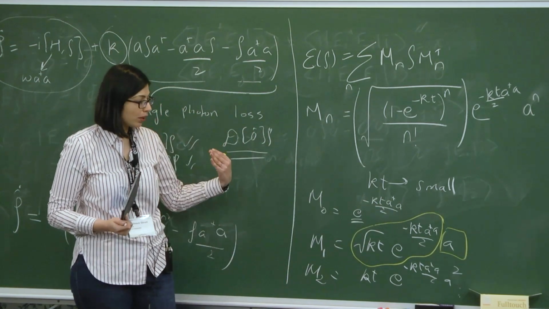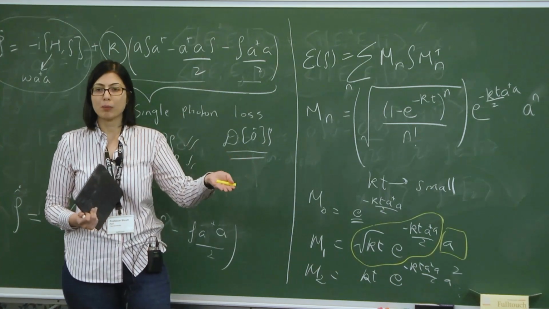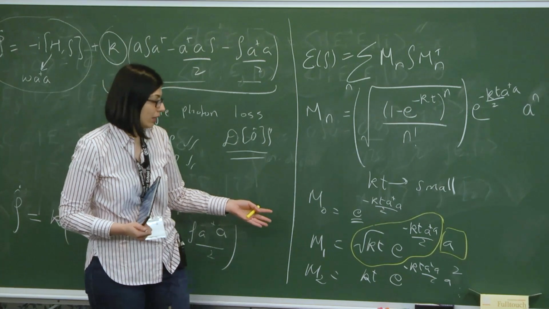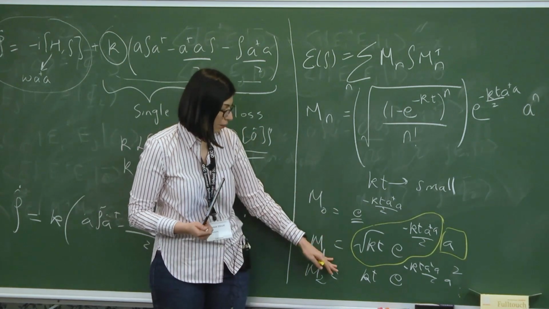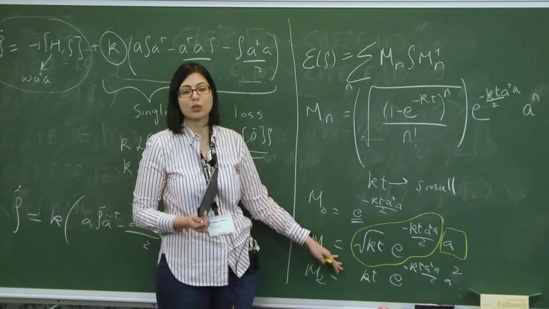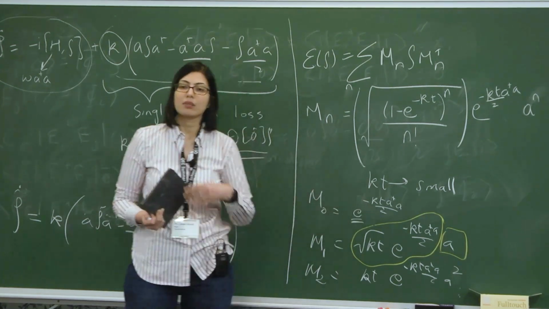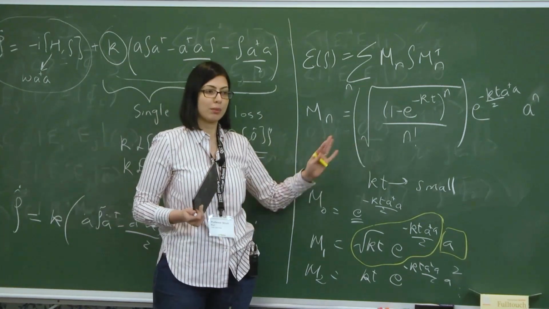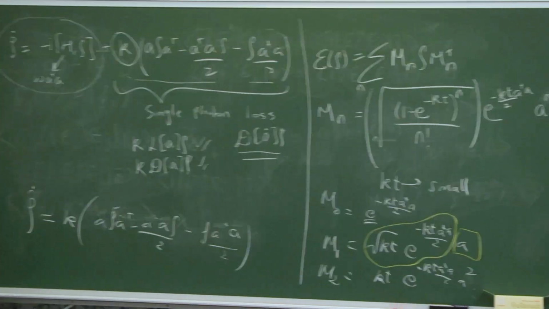If you have done quantum optics, or you plan to take a quantum optics course in the future, you can relate these M1 and M0 terms to the jump and no jump evolution of the system. When you do quantum Monte Carlo and things like that, you will learn about jump and no jump evolution, and it's related to that as well.